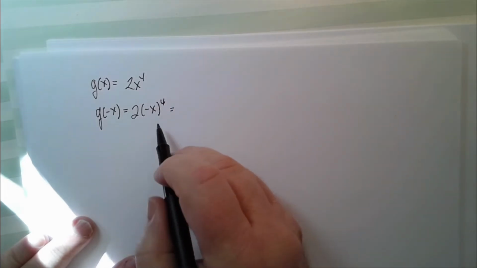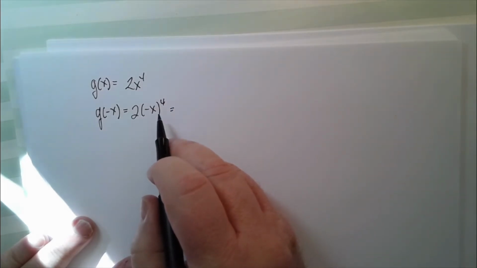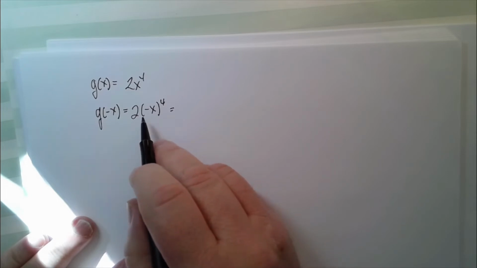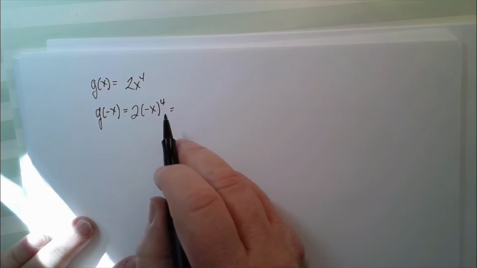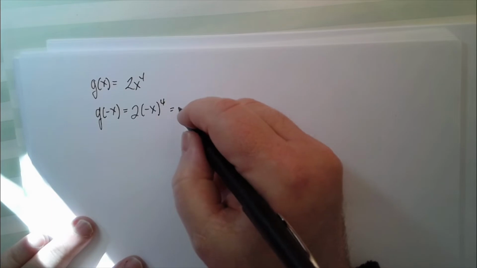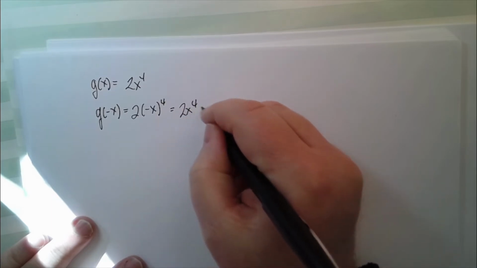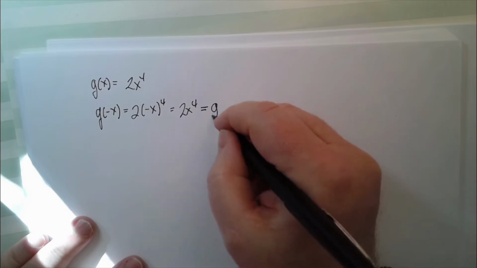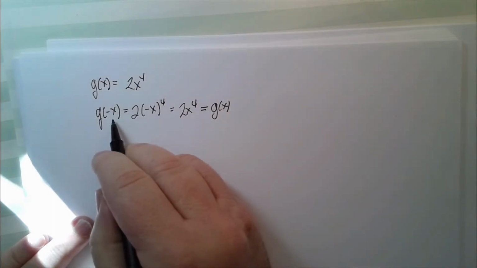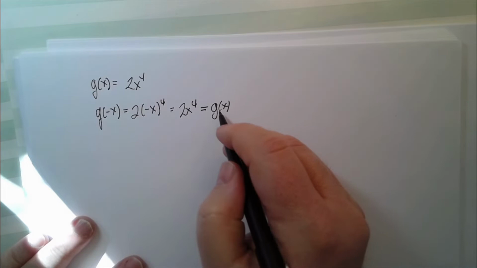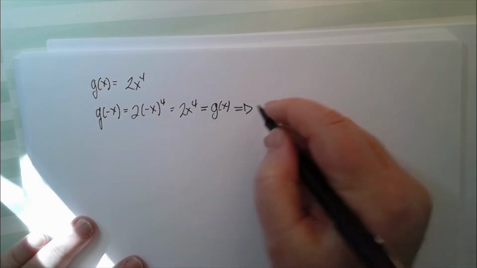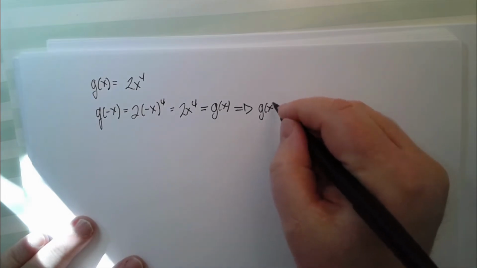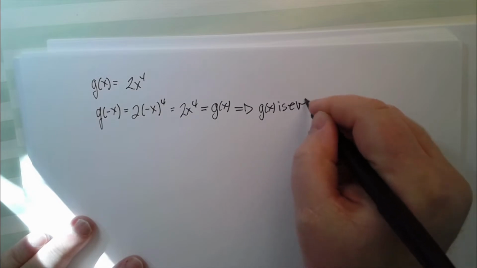Now, since we know that when we raise something to the 4th power, that would be a negative times a negative times a negative times a negative, which would make it positive. So this is the same as this, 2x to the 4th, which is just g of x. Now, since g of minus x is equal to g of x, this implies that g of x is even.